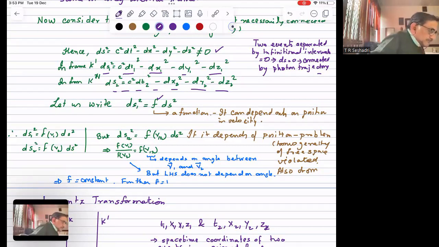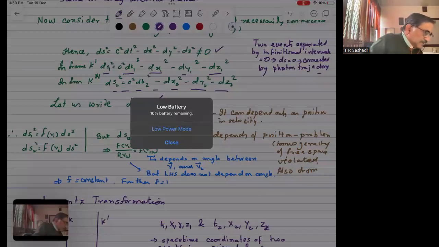Empty space is homogeneous, so it should not depend on position. As far as velocity is concerned, empty space is also isotropic. All directions are the same. It means that if the function depends on the direction of velocity, then you are in trouble because you no longer have an isotropic empty space.